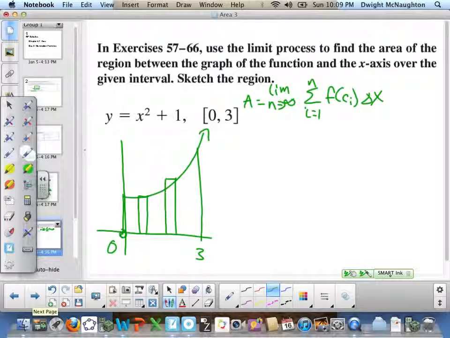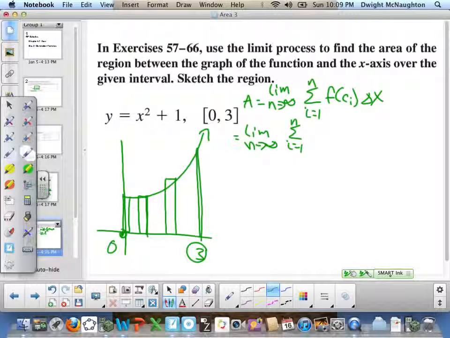So as we start from the left side, our rectangles will be evaluated at, this time, 3i divided by n, because the gap is no longer 1, the gap is 3.